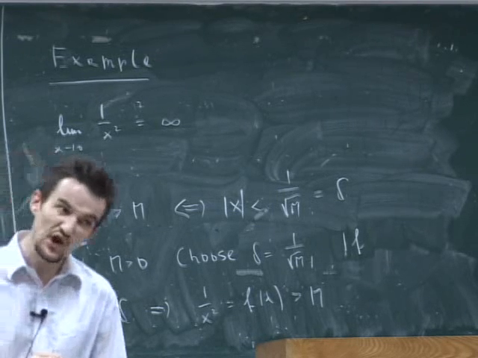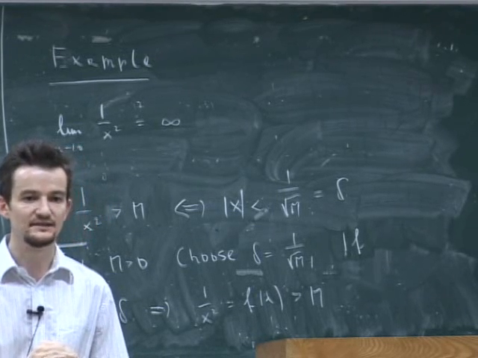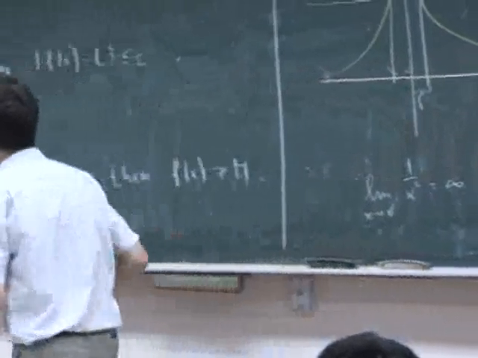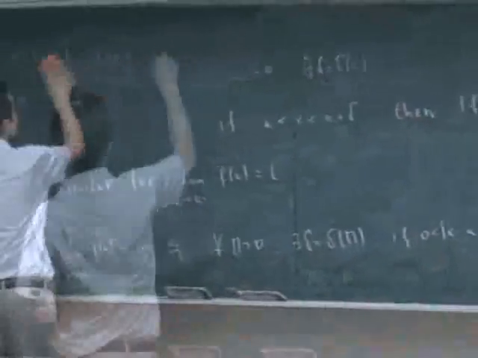Now, maybe it's interesting to discuss, okay, starting from the definition, how to see from the definition that the limit does not exist. What does it mean that the limit does not exist in this precise context? So for this, we go once more back to the definition of the limit.